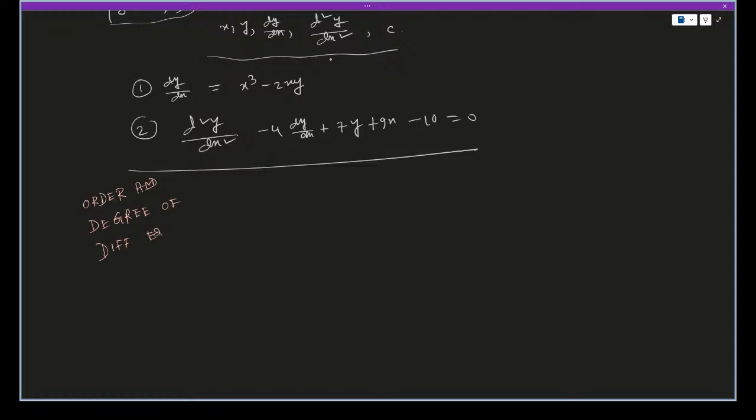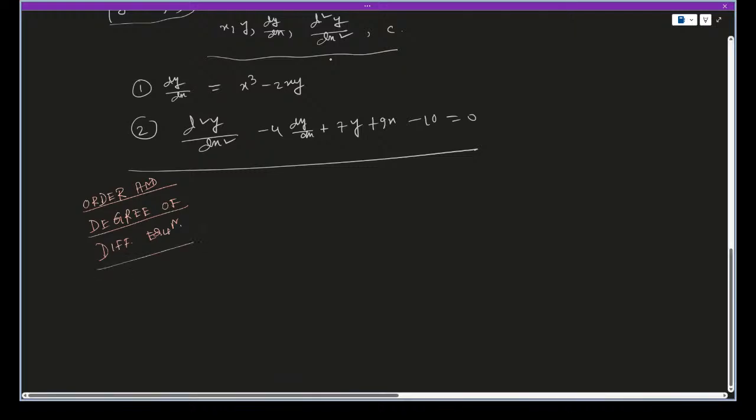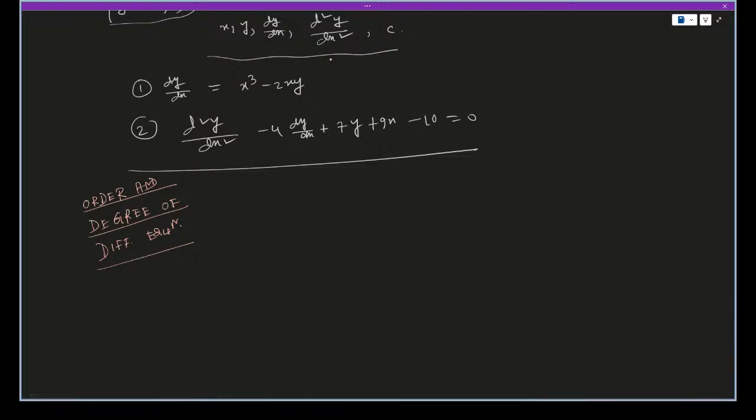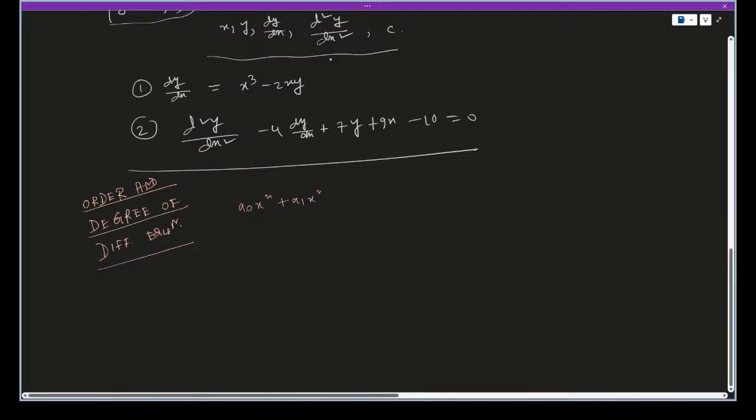You can state the order and degree both if you have arranged the equation in the form of a polynomial. What is a polynomial? A polynomial cannot have a square root or cube root of terms. Polynomials have a finite number of terms like a0 x^n + a1 x^(n-1) + ... + an.